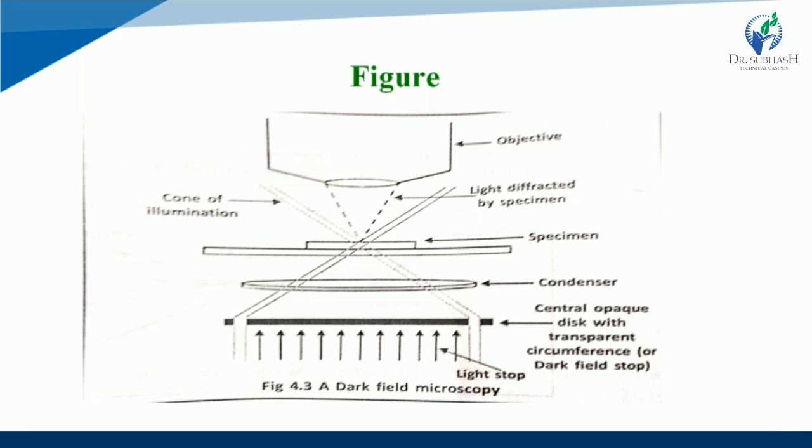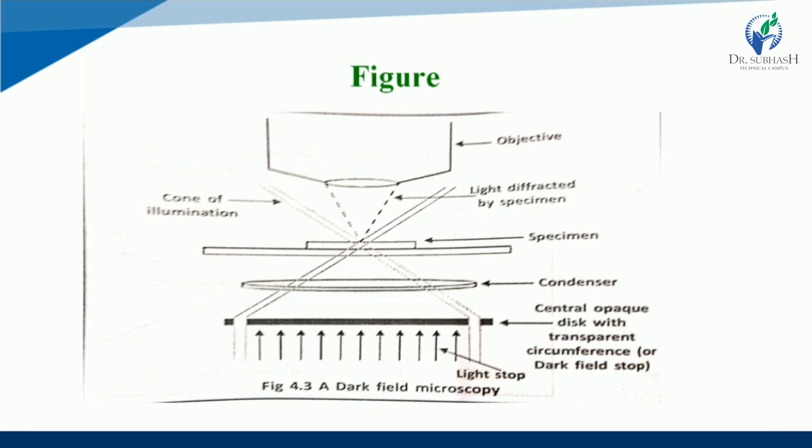So what is diffraction? Diffraction means when light passes through sharp edges or narrow slits, the rays are deflected. For example, they bend around the opening and produce light and dark bands.